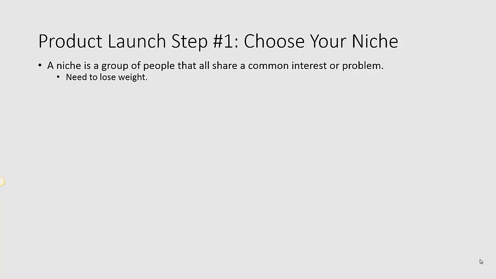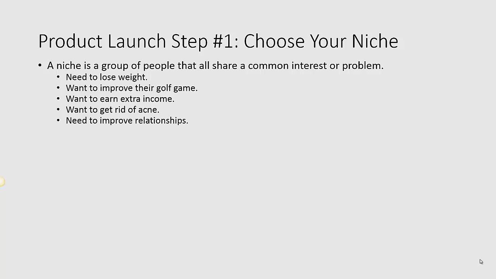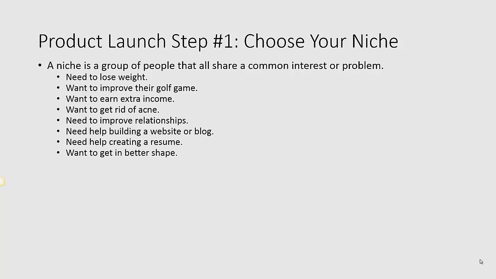So here's the first example. People might have a need to lose weight. You don't have to use these examples; they're just examples. People want to improve their golf game, earn extra income, get rid of acne, improve relationships, build a website or blog, create a resume, or get in better shape, like fitness and workout training.